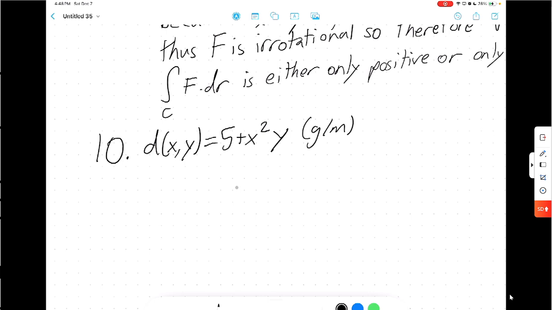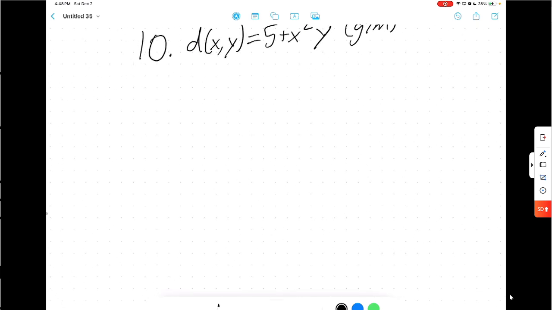How much dust would be collected by a vacuum cleaner traveling counterclockwise along the upper semicircle of radius 2 centered at the origin?